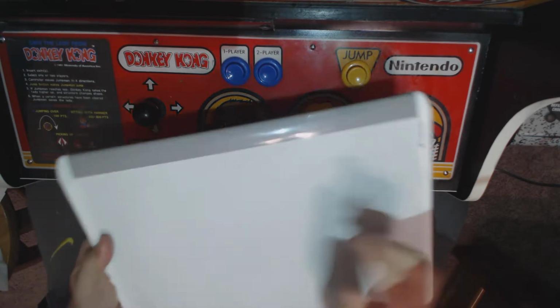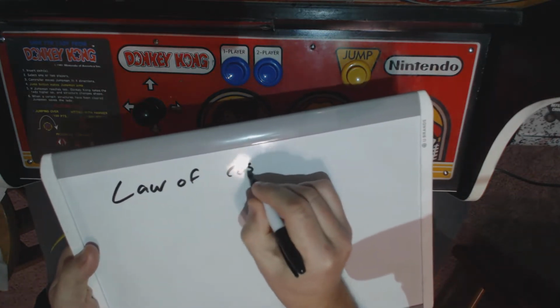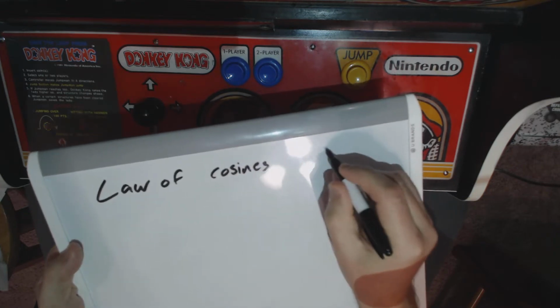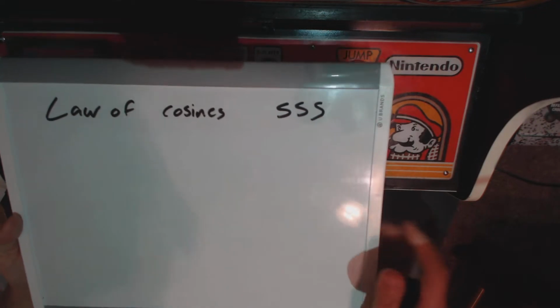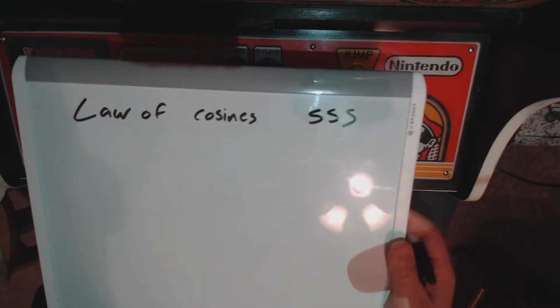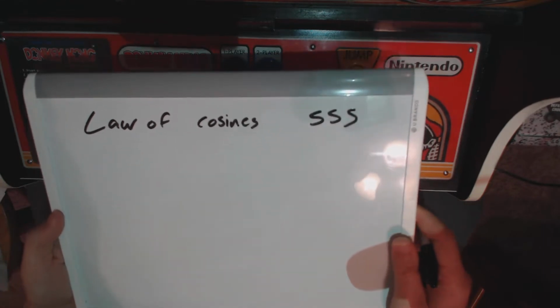In this video, I'm going to show you the law of cosines for what we call a side scenario. I showed you a side angle sine a minute ago on the last video, but this is side.